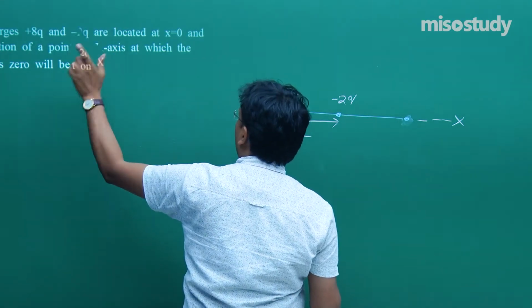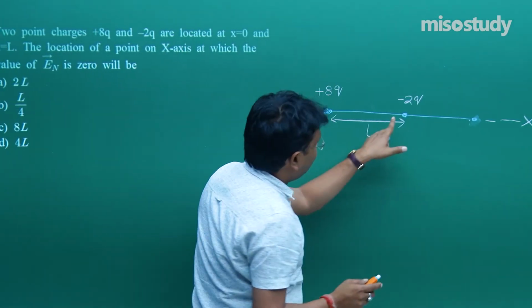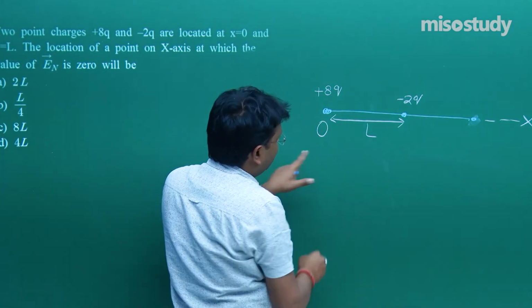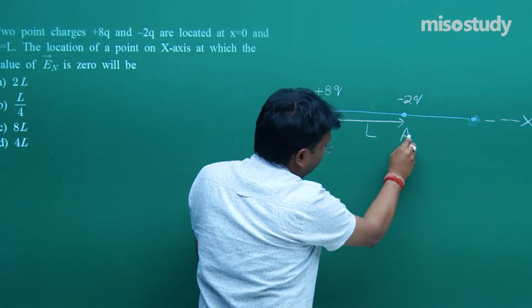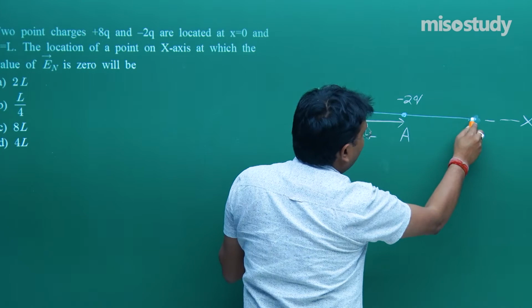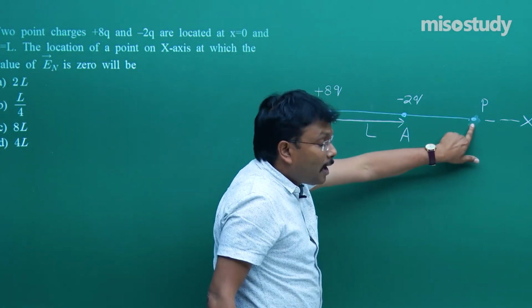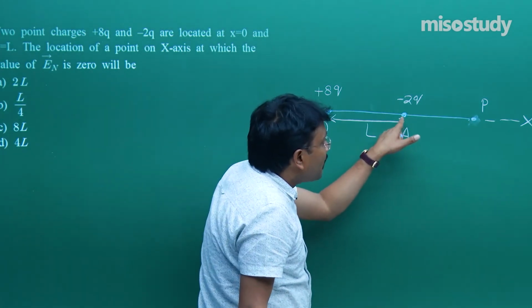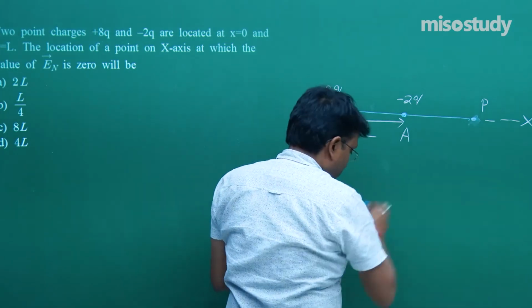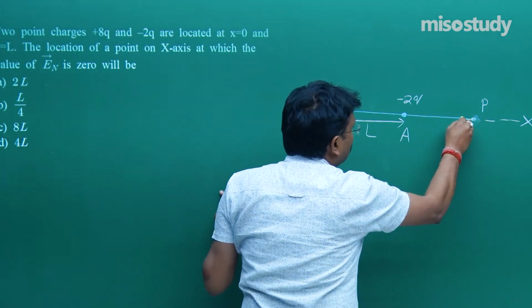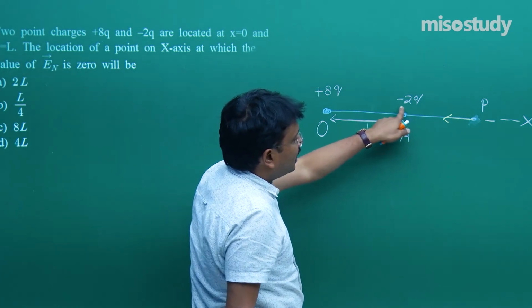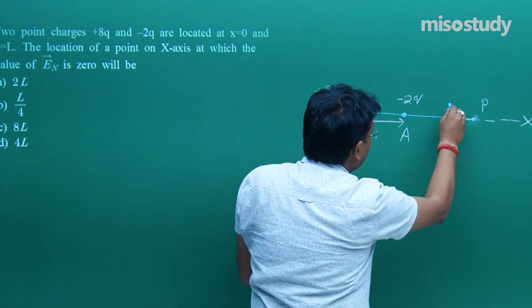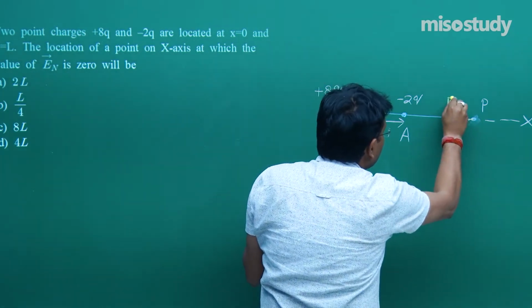Question is in front of you, approach I explained. Now whatever I am solving, you just take a look at this particular situation. So, let us say this is point O and this is point A. Fine. From here, let us say this is a point P, where we are saying that net electric field is 0. Why? Because for this negative charge the field lines are going to be like this, and for the positive charge the field line, let me give it a name, let us say this is EA.